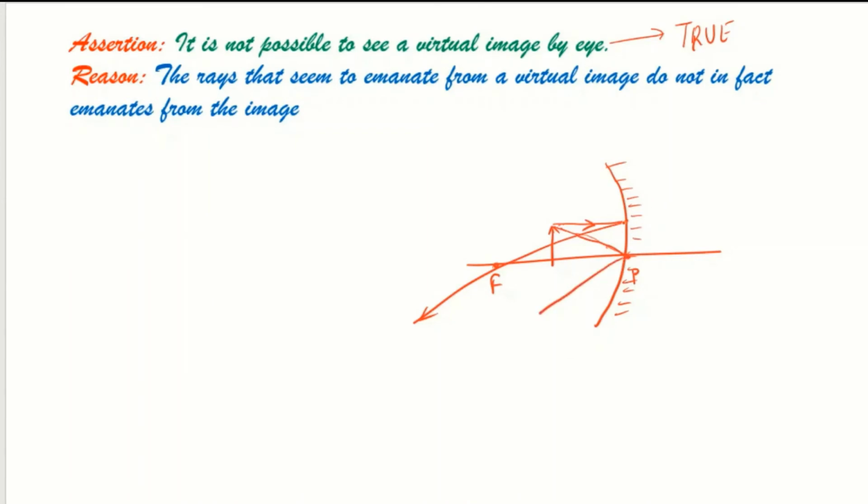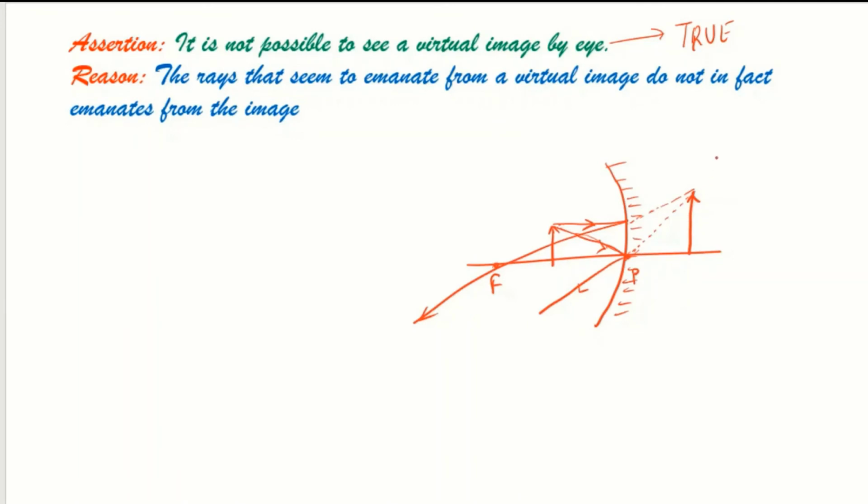The image formed now will be a virtual image. The virtual image is formed by tracing these rays back towards the back of the mirror, and the point at which these rays meet will be the point where the virtual image of the object is formed.